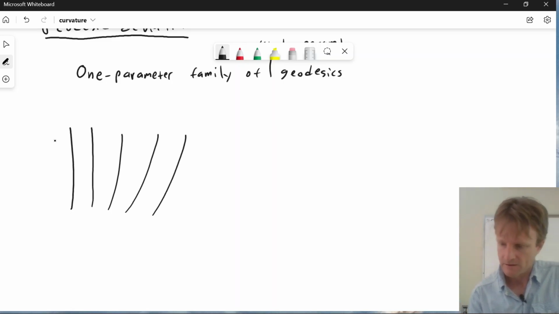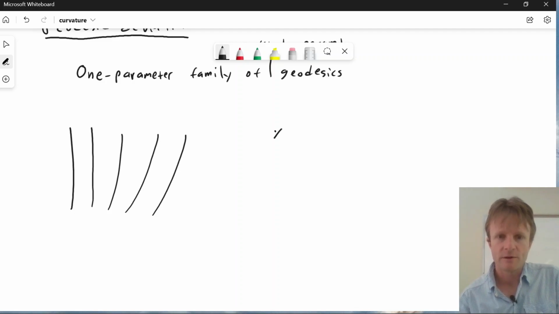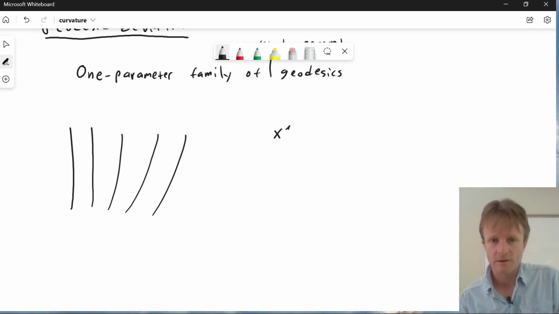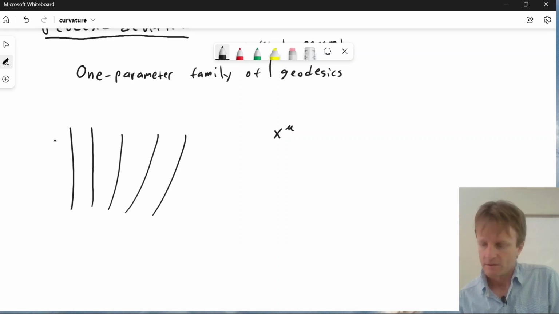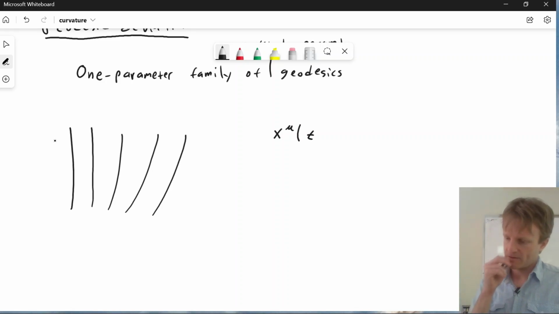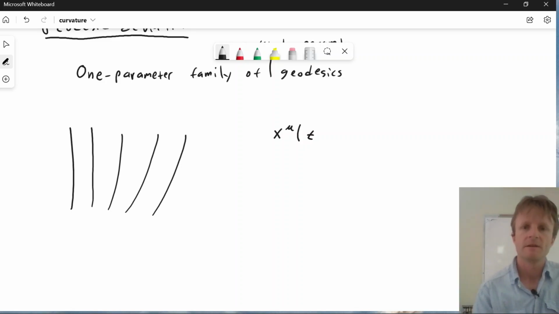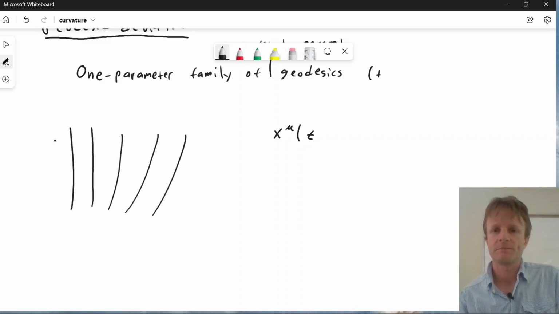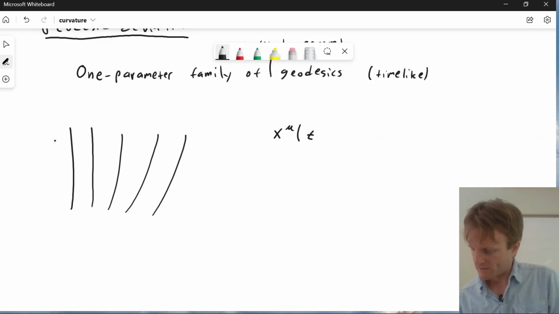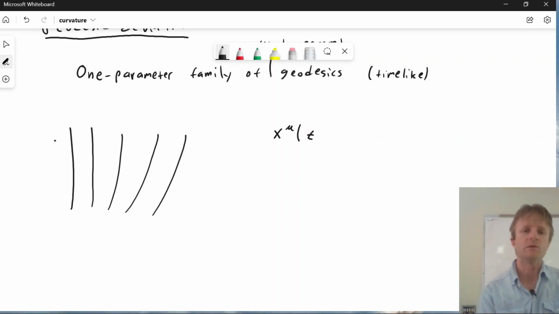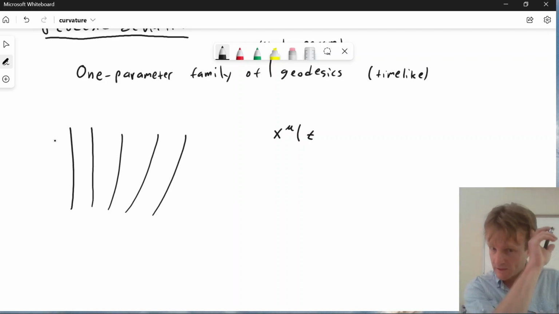And for each curve, we would give some x mu of lambda, but we're going to call it t in this case, because we're going to be considering time-like geodesics. I'm not going to say tau because I'm not going to assume the tangent vector is unit normalized, but I am going to assume that it's an affine parameter.